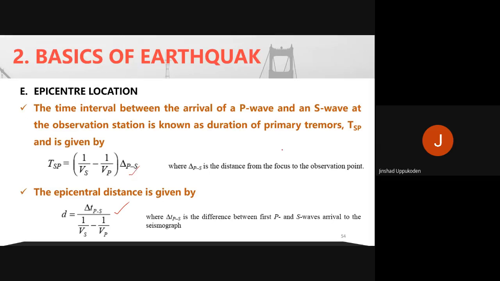If this is my site here, and I use this formula, I obtain the value of D, the epicentral distance. It will be a circle of radius D around this place, and somewhere around this circle will be the focus or epicenter.